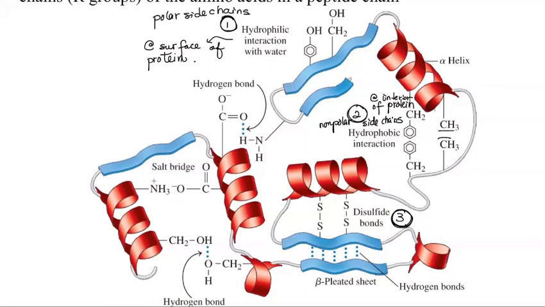Which functional group do we know that through oxidation can form disulfide bonds? Excellent, thiols. There's only one amino acid that has an SH group as a side chain, and that's going to be cysteines. So whenever we have cysteines, cysteines can form disulfide bonds.